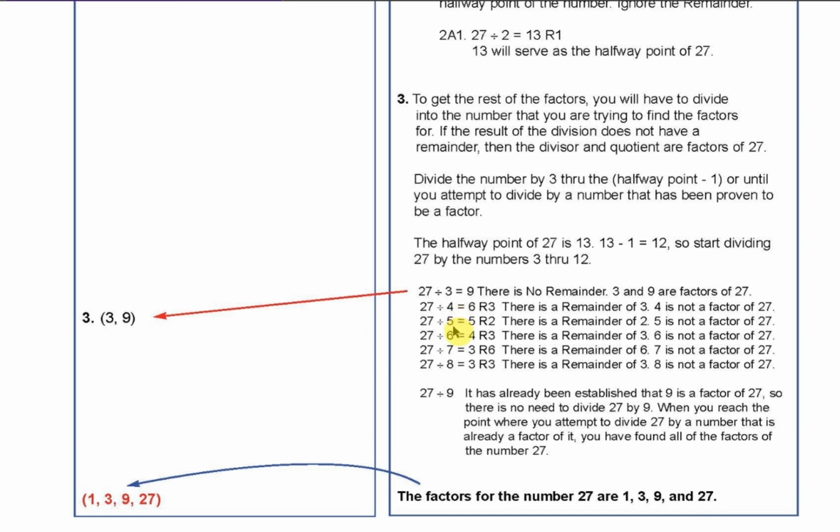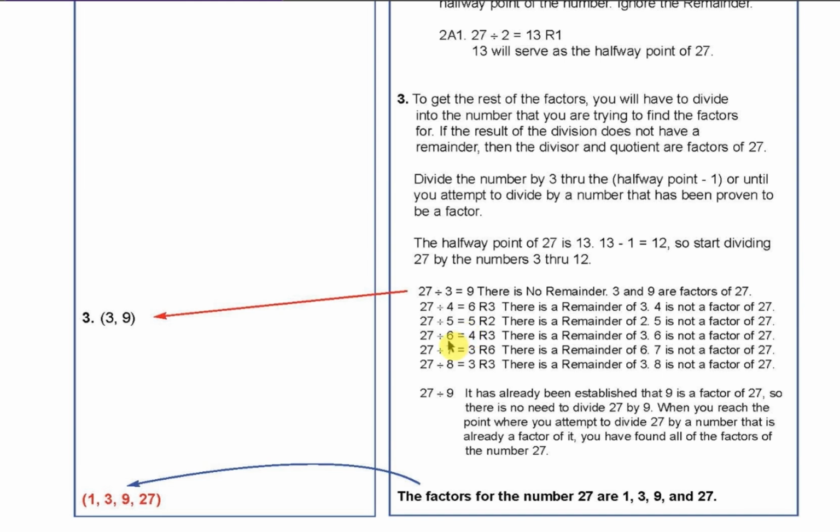Next, we will divide by 5. 27 divided by 5 equals 5, remainder 2. There is a remainder of 2. Therefore, 5 is not a factor of 27.